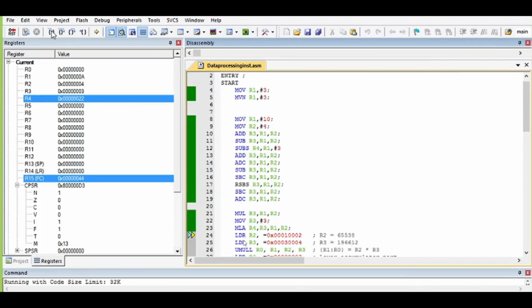So the very first value we are loading into R2 has the decimal number 65,538, and the second value is loaded into R3. Fine. Now we are performing unsigned multiply long. So what is unsigned multiply long? Here we are considering that the multiplication of the two registers is an unsigned multiplication.